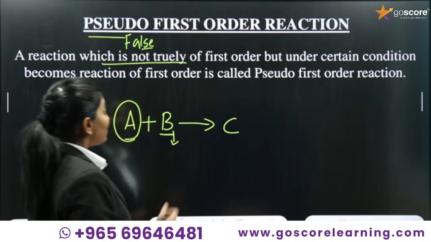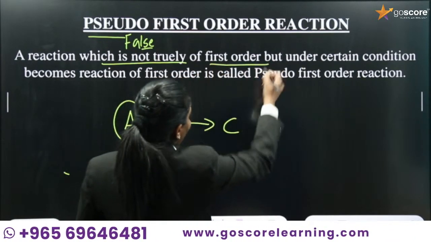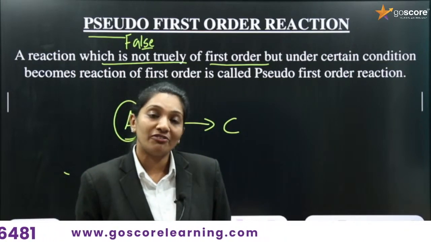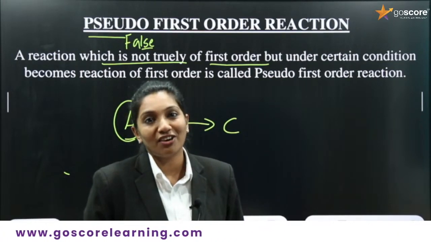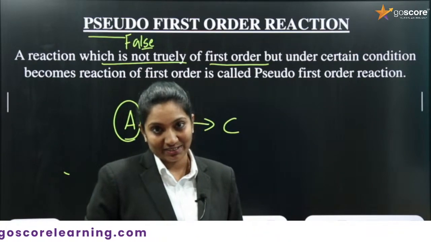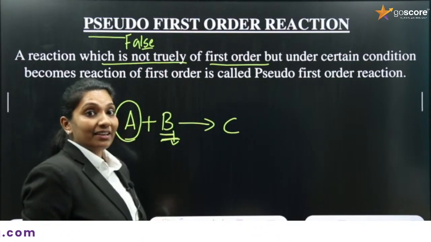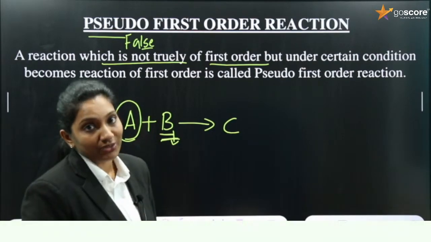Because it's not truly of first order, but under certain conditions, that is due to the presence of excess concentration of one of the reactants. Here, due to the high concentration of B, the reaction follows first order kinetics.